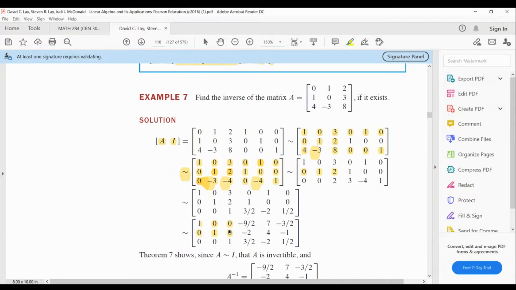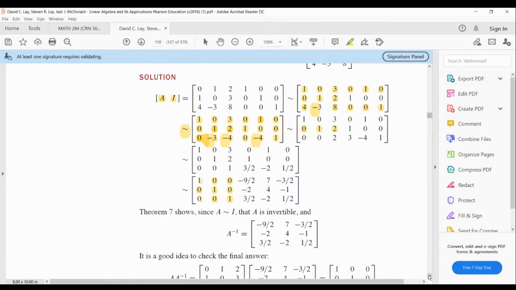The matrix A reduces to this identity matrix, but they're doing the equivalent row operations on the identity matrix on the right. And what happens is, when the matrix A is in reduced echelon form, because it's invertible, the matrix A gets row reduced to the identity.